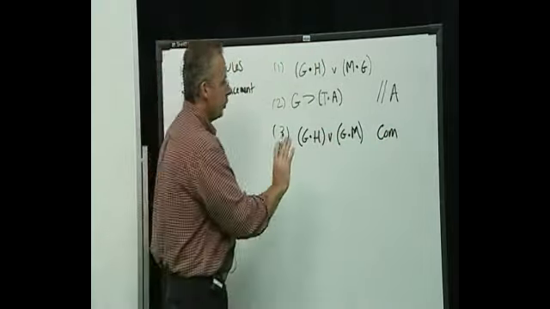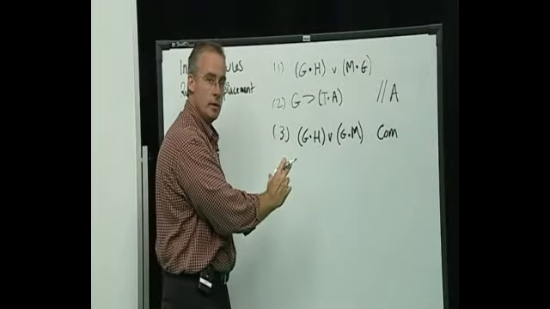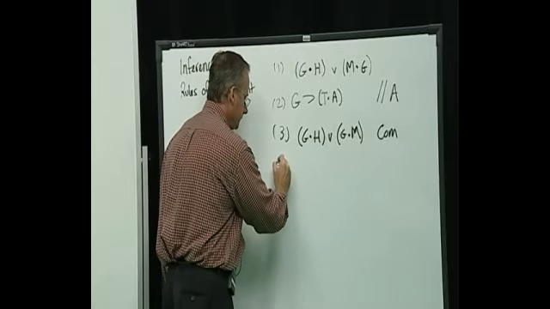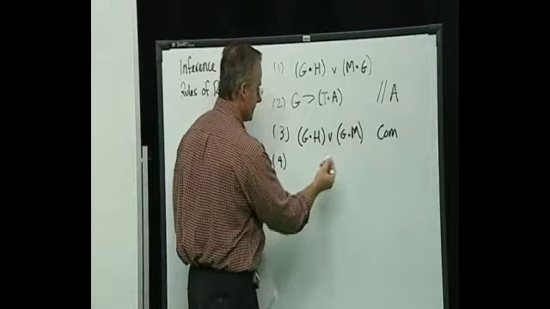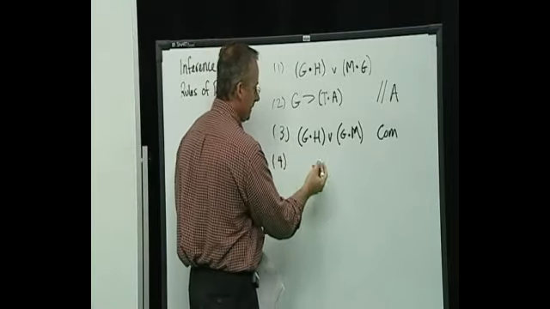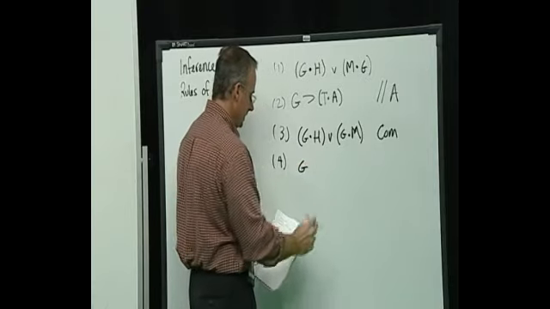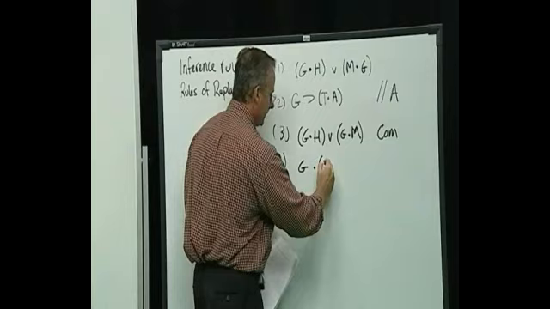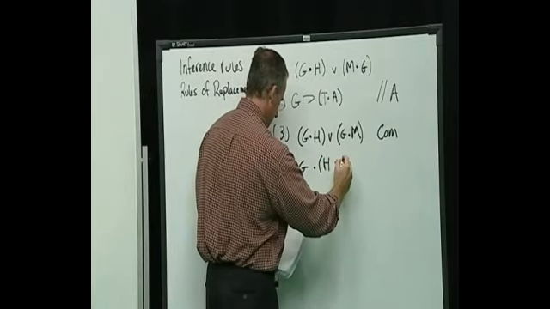Okay? Now, the reason we want to do that is because now we can apply another rule to this line. Okay, a rule called distribution, right, which says, well, actually, it's a rule of replacement. Okay, the rule of replacement says that we can rewrite 3 as G and H or M.